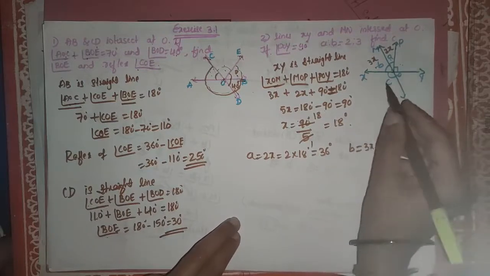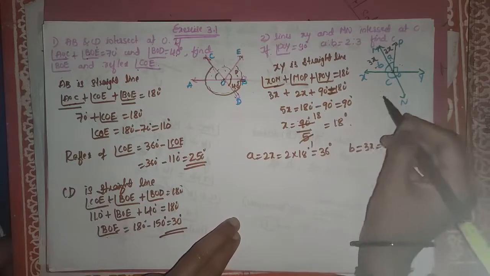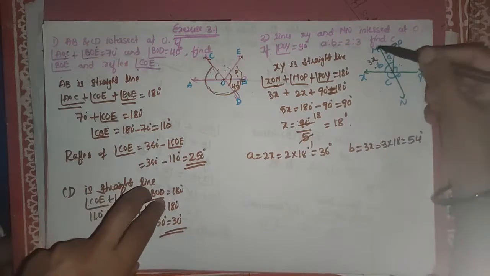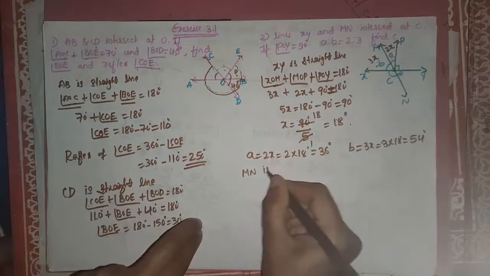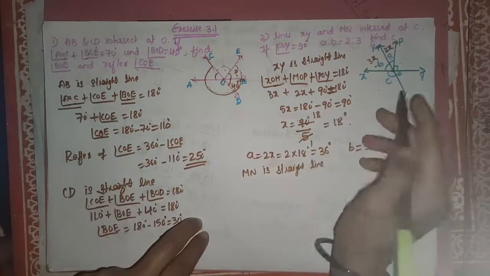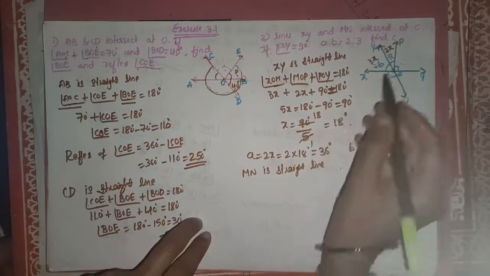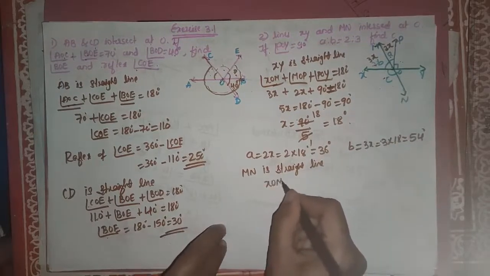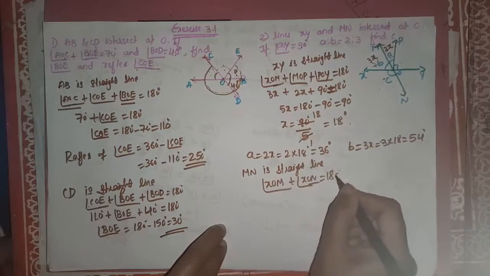Now we need to find C. Here MN is a straight line. So on MN we have two angles, B and C. The sum of these two is 180, that is XOM plus XON equals 180 degrees.